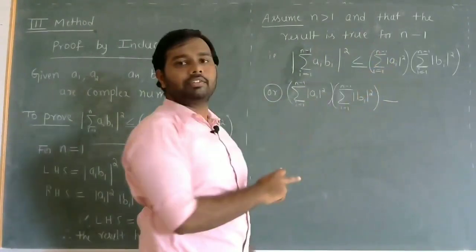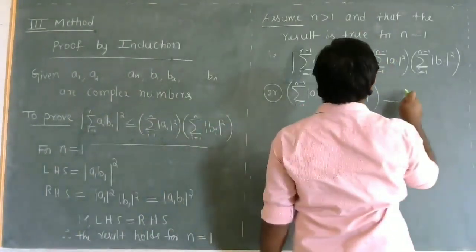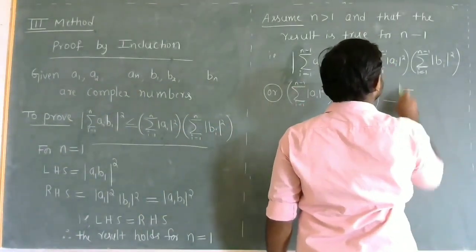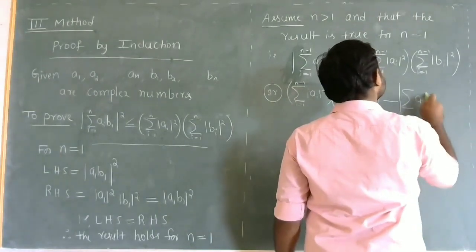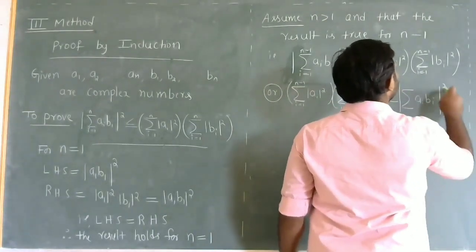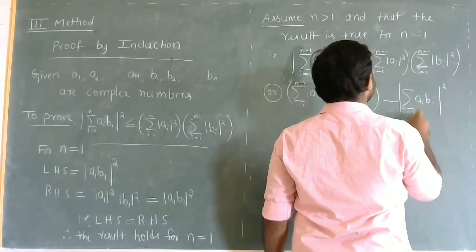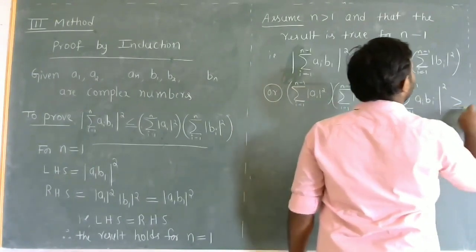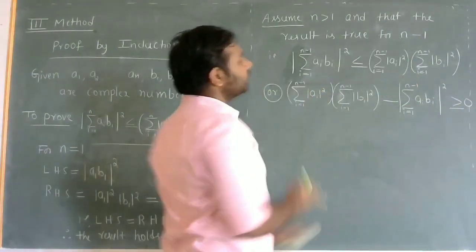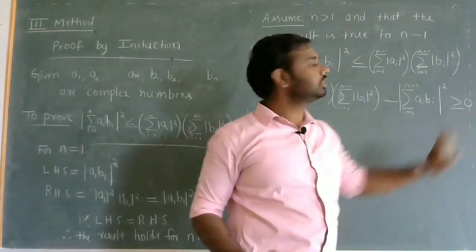This term to the left means it will be minus of modulus of summation ai bi whole square, i running from 1 to n minus 1. And on the left hand side 0 will remain.